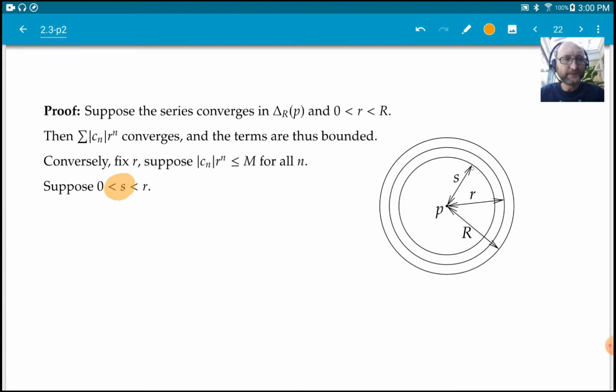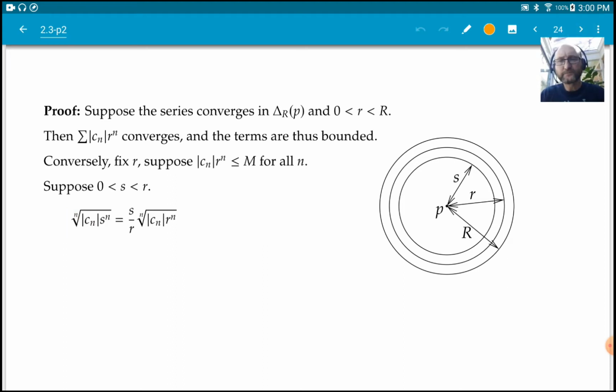So this S is less than this r, which is less than this capital R. So we have these 3 circles in there, and let's look at the root test. So let's look at the nth root of the modulus of Cn times S to the n.